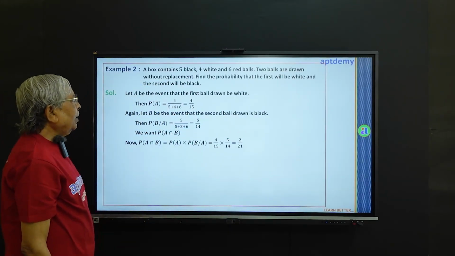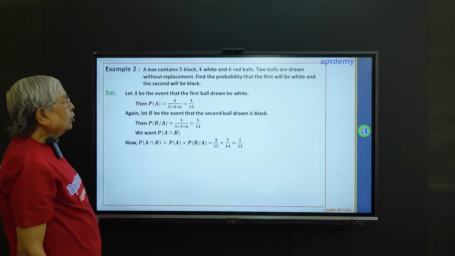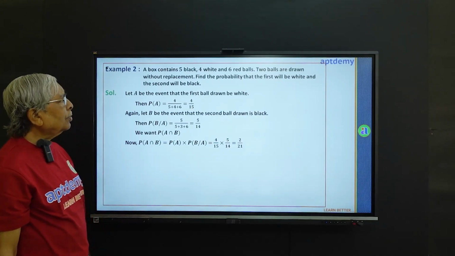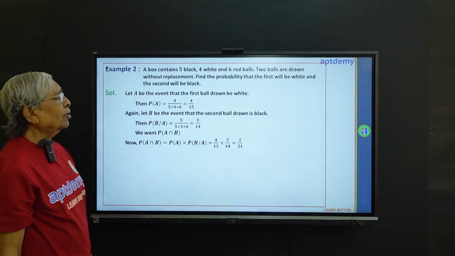Next we come to the second problem. A box contains 5 black balls, 4 white balls and 6 red balls.